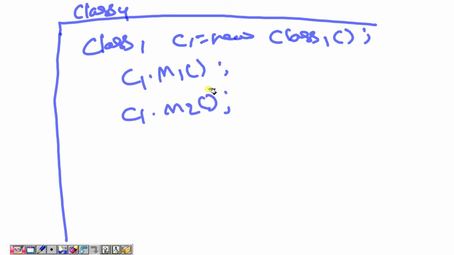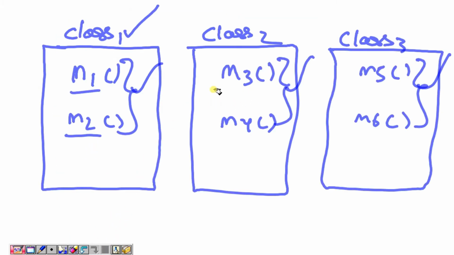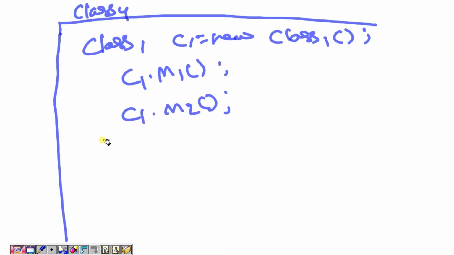That's it. If you want to get M3, M4, M5, M6, again we need to create a reference of that class.